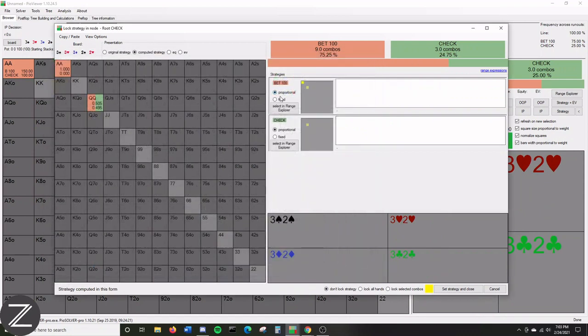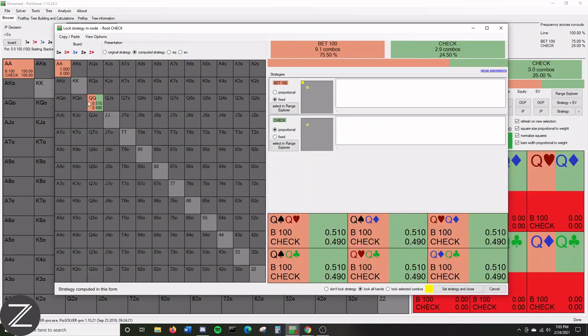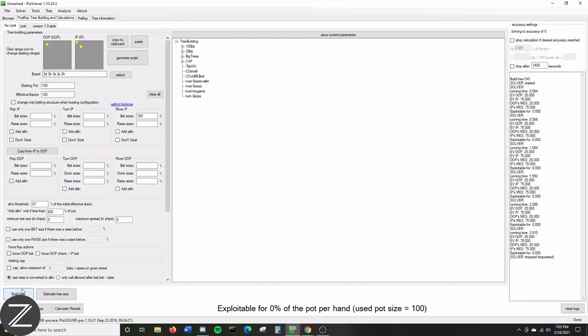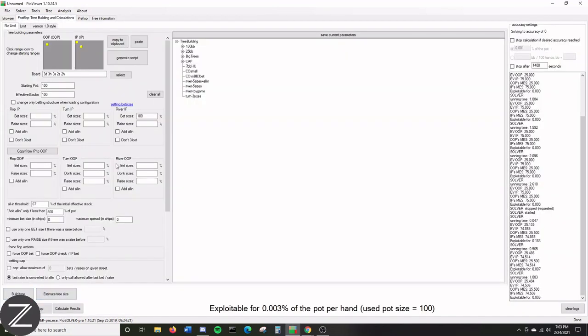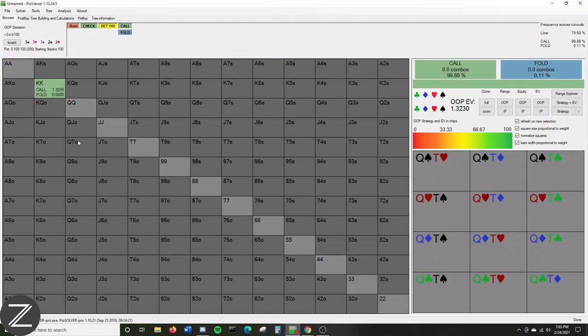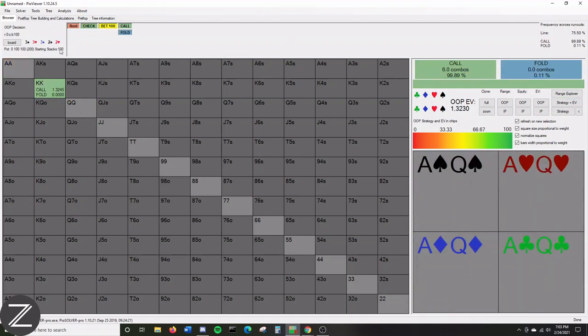Here, India is bluffing queens 1% more frequently than she should. So if we rerun this, let's take a look. We'll see kings is now pure calling instead of defending half the time.